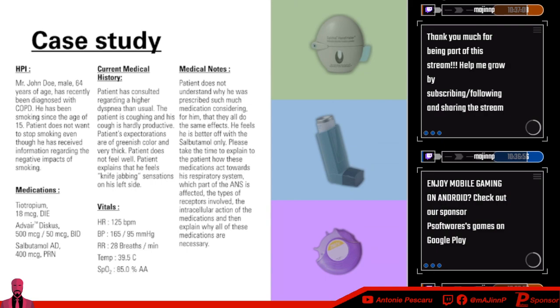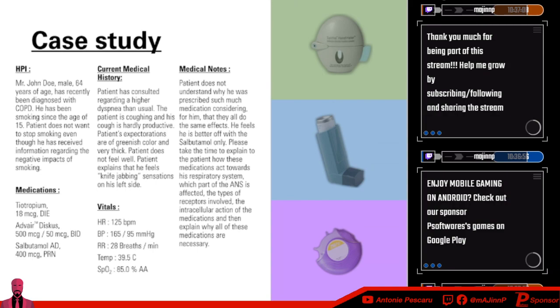So, medical notes. Patient does not understand why he was prescribed so much medication, considering for him that they all have the same effects. He feels he is better off with the salbutamol only.